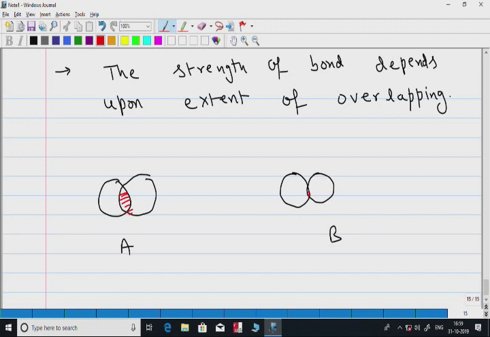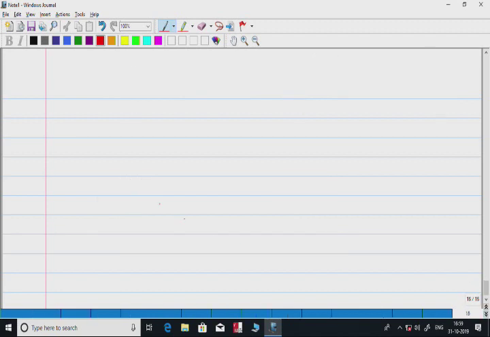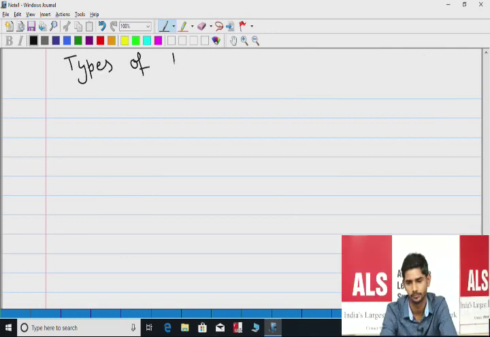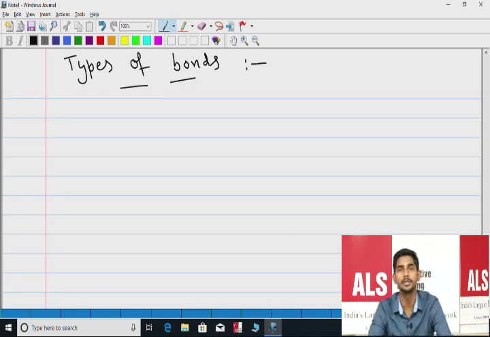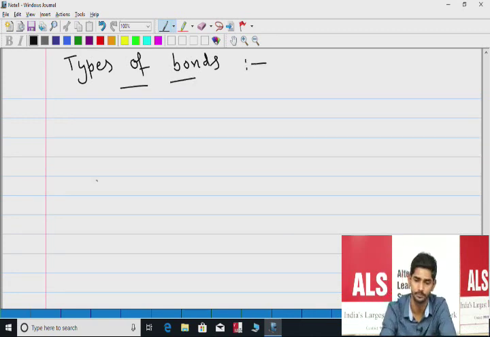Can we proceed? Types of bonds. According to this theory, guys, there can be two types of bonds.